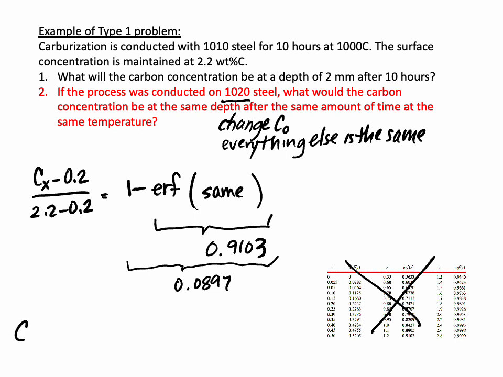And so c sub x is equal to 2.0 times 0.0897 plus 0.2. And that should give you a carbon concentration at depth x of 0.38.